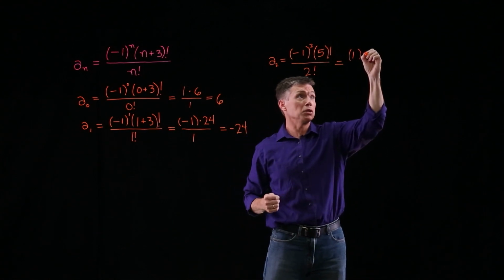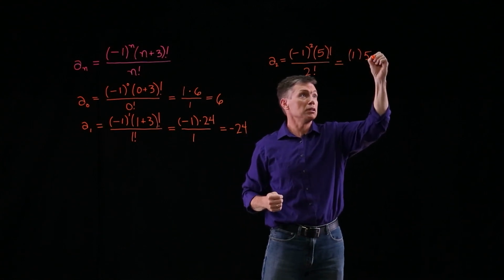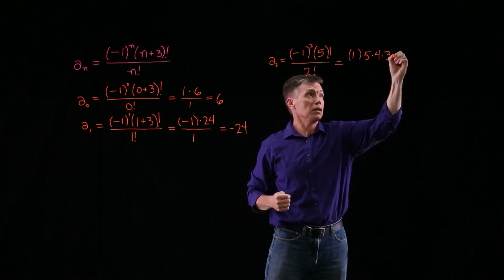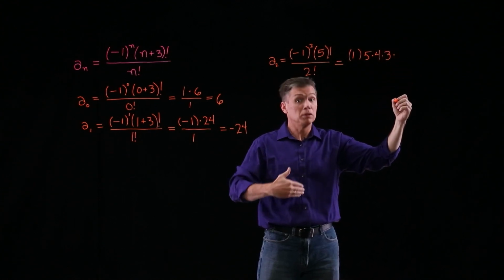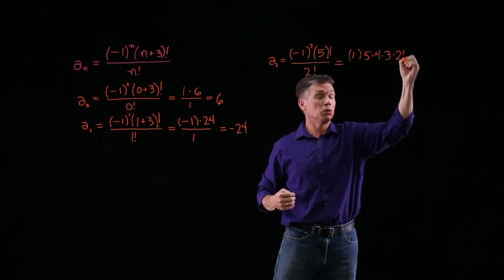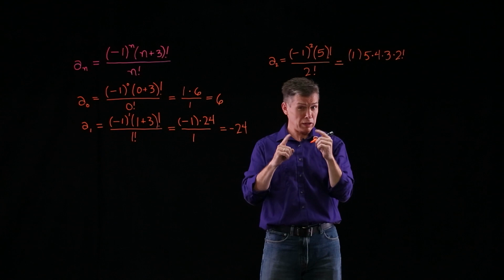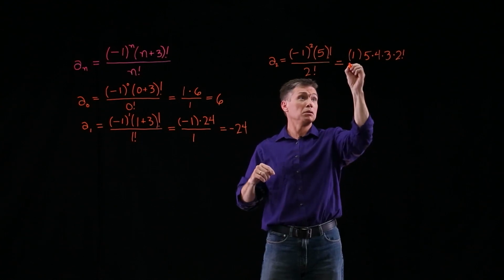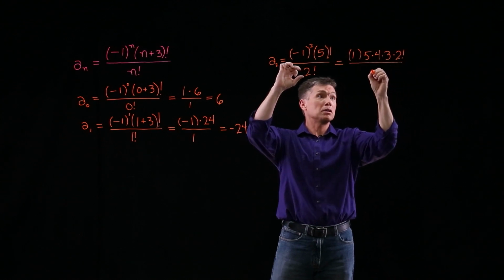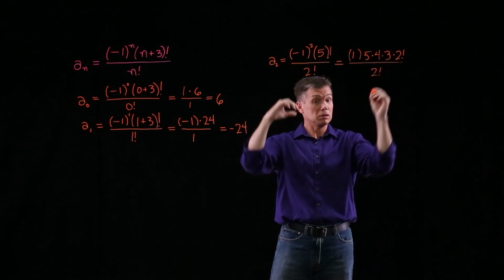And 5 factorial is 5 times 4 times 3 times 2 times 1, which I'm actually going to write as 5 times 4 times 3 times 2 factorial, right? 2 factorial is 2 times 1.